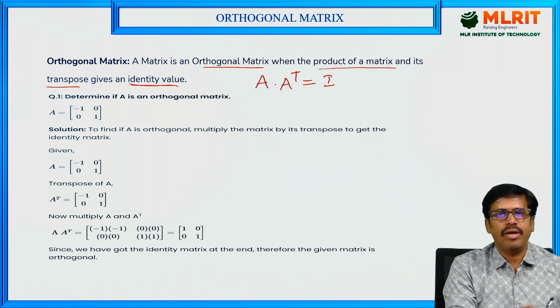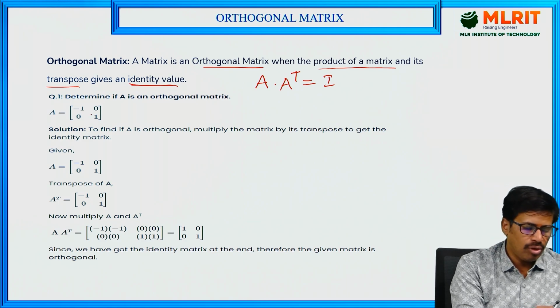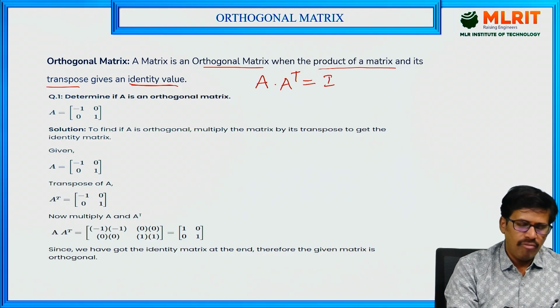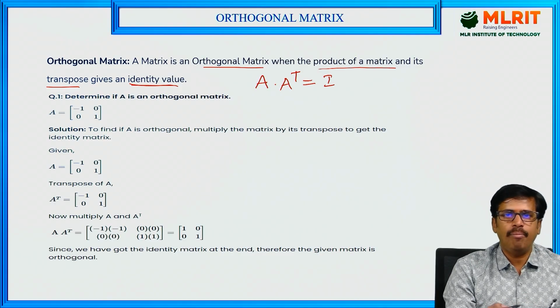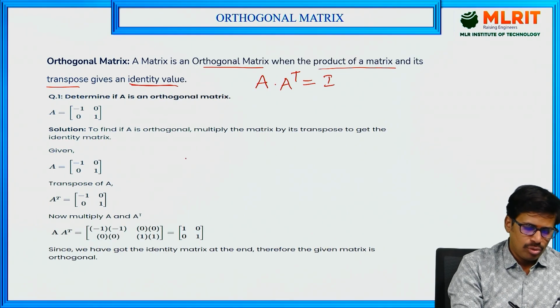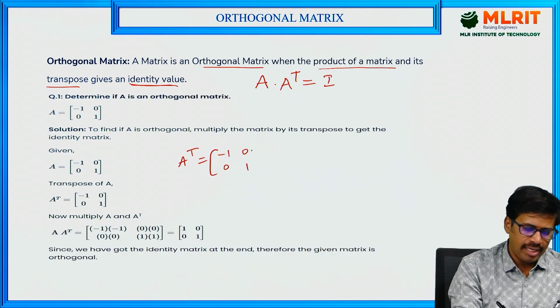Let us determine whether the matrix is orthogonal or not. Say A equal to minus 1, 0, 0, 1. First find A transpose and multiply with the given matrix A. Here, for A transpose, the first row I am writing as the first column, the second row I am writing as the second column.